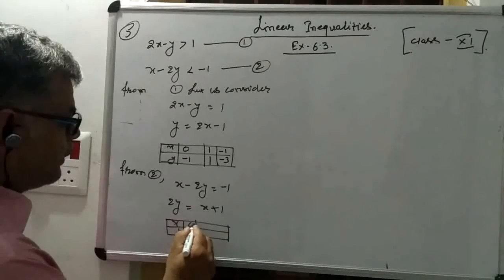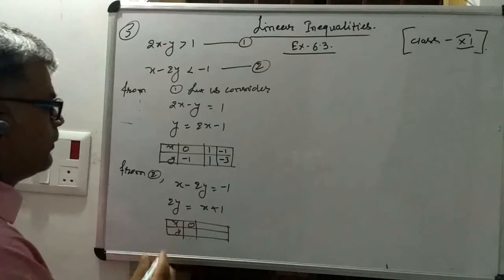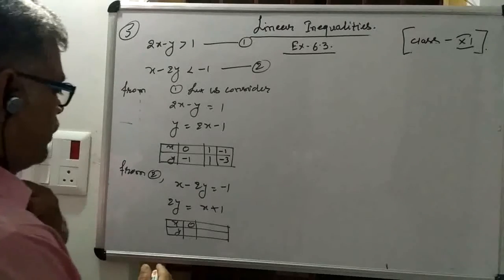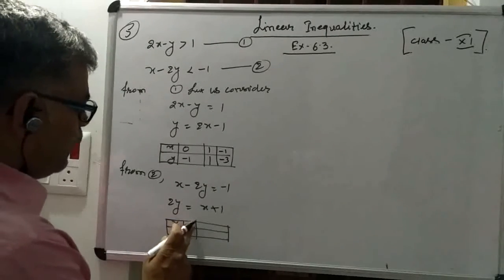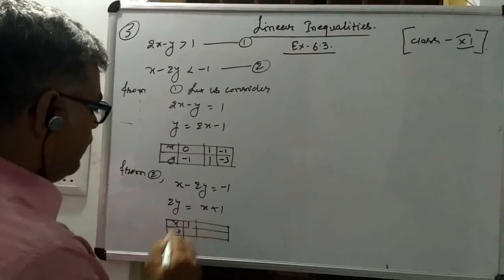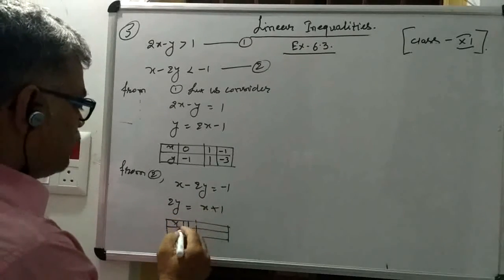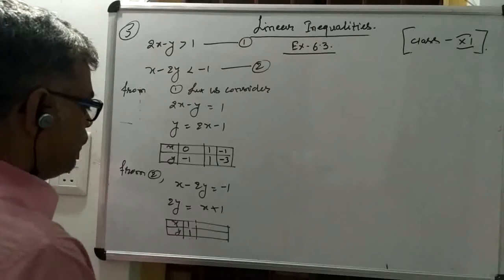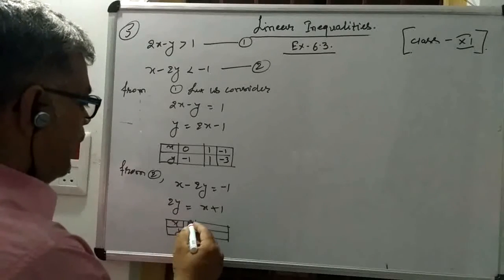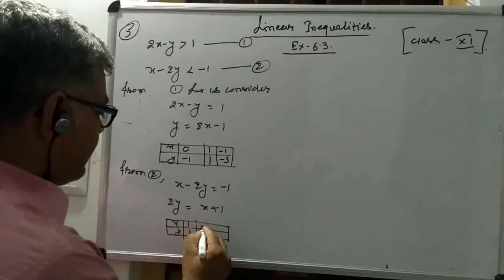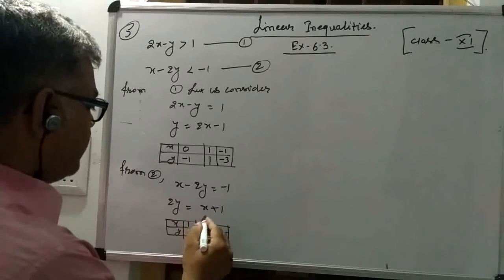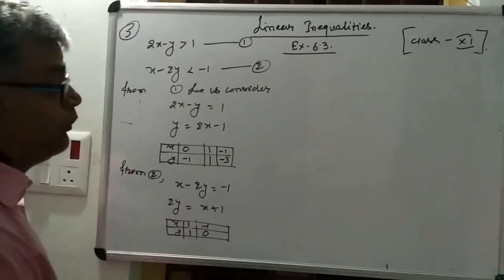When you take x equals 0, then it will come in fraction, so leave it. When you take x equals 1, then 2y equals 2, y equals 1. And when you take x equals minus 1, then y will become 0. Now you draw these lines.